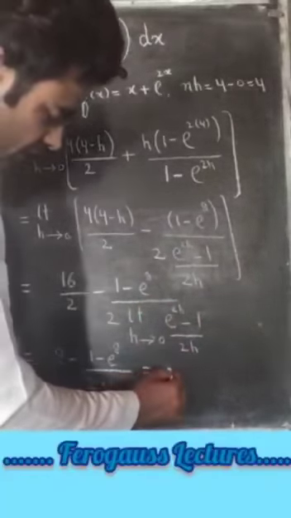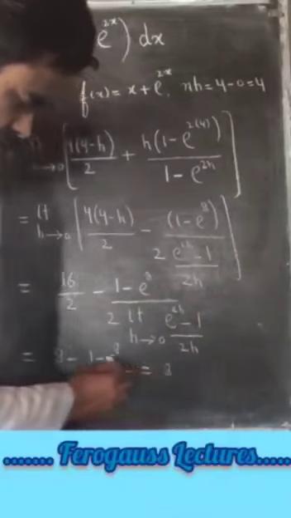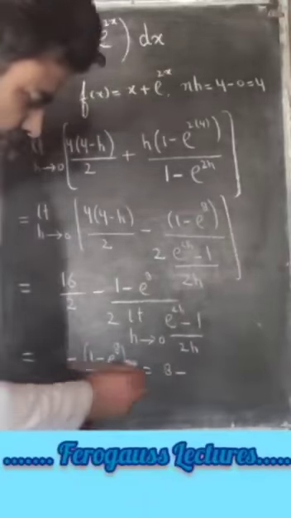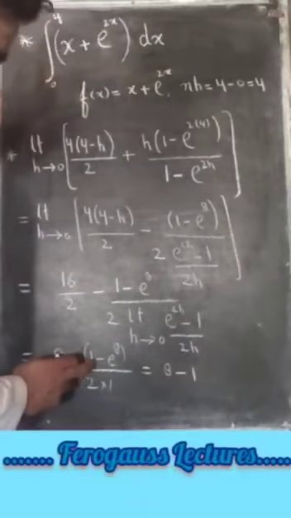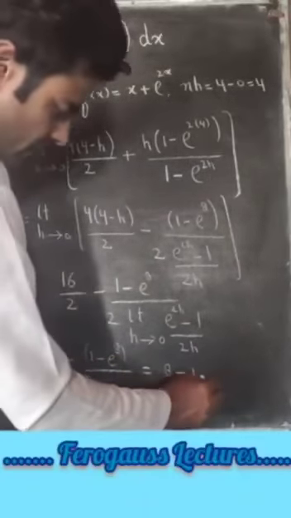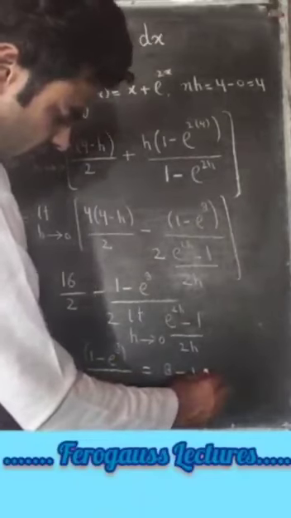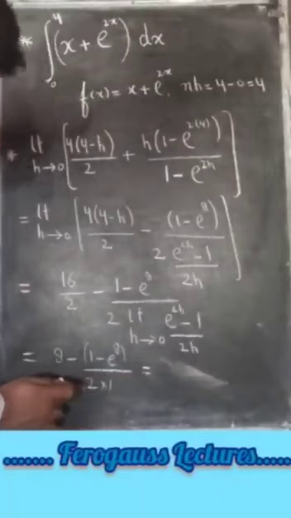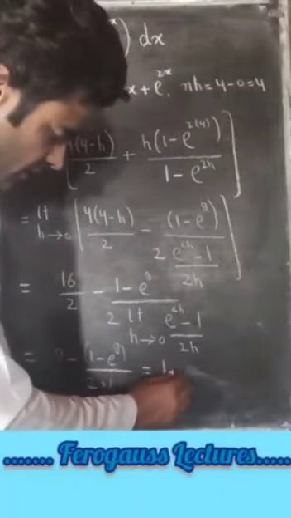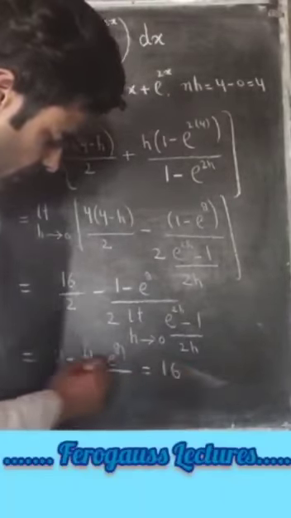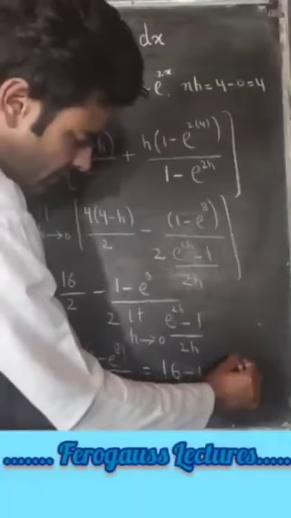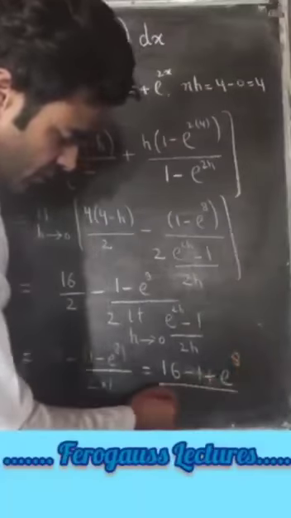We get 8 minus 1, minus minus is plus. Or we can write it like this: 8 into 2, that is 16, 16 minus 1 plus e^8, divided by 2.